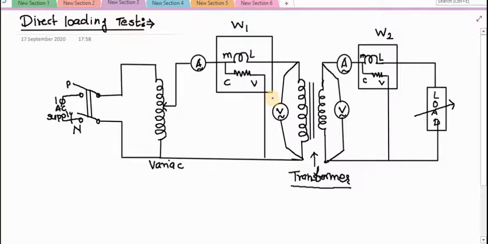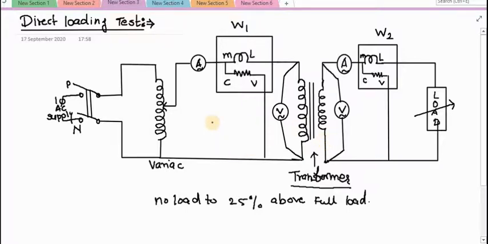These readings we have to take from no load to about 25% above full load. So by varying the loads in suitable steps, we have to take readings from no load to about 25% above the full load.